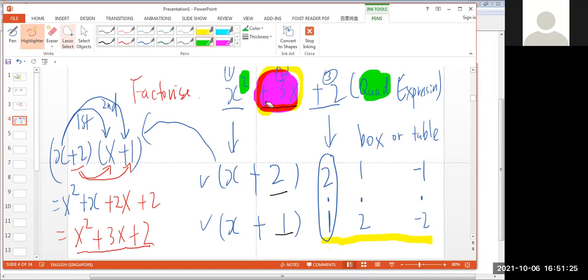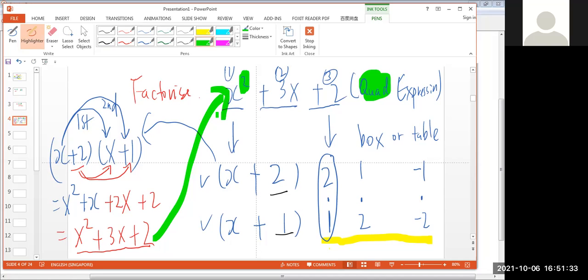The question is the same, right? Once you get it correct, that means the factorized answer is these two.